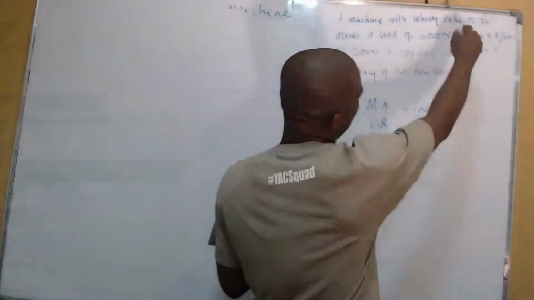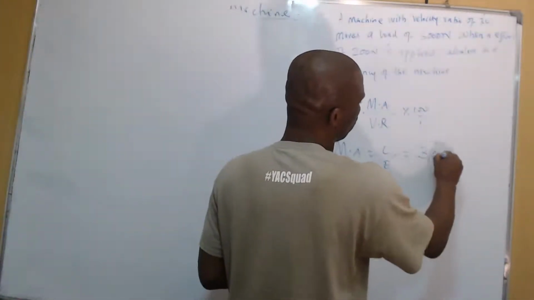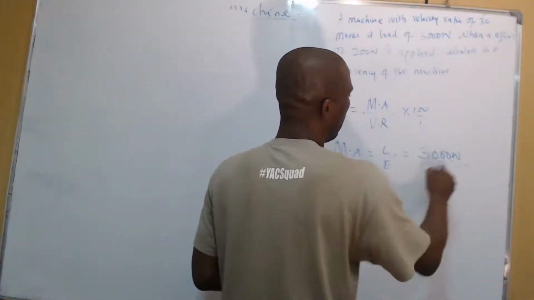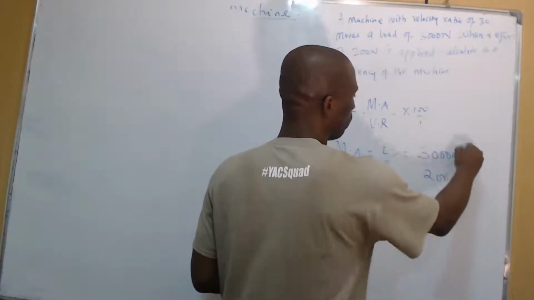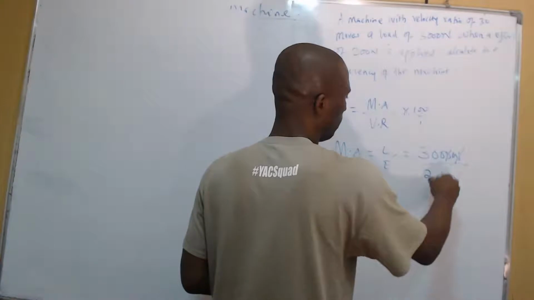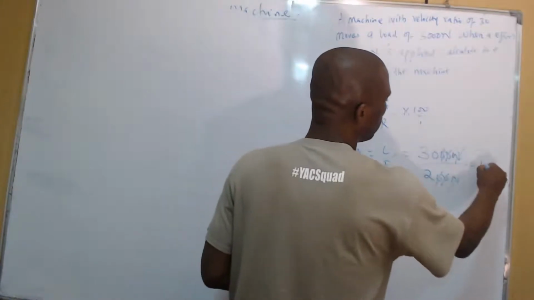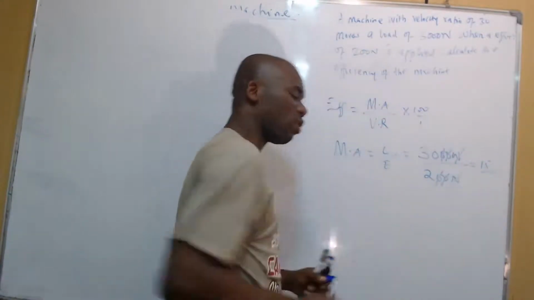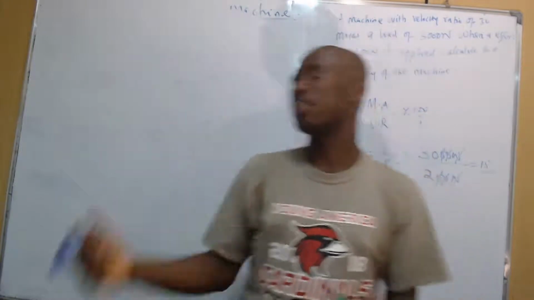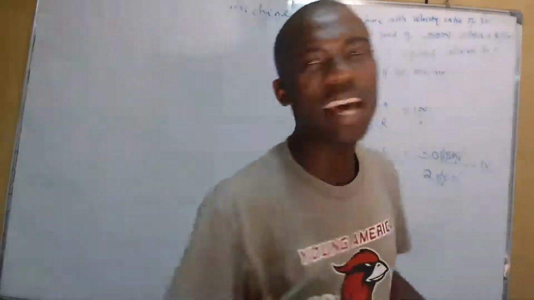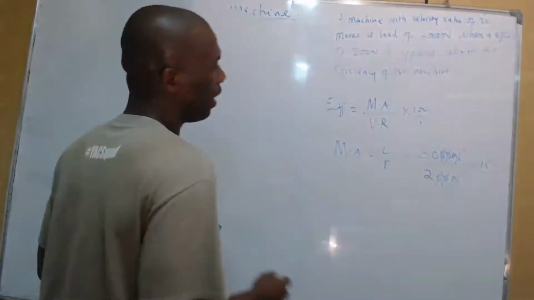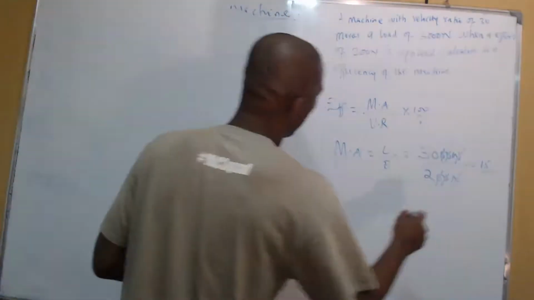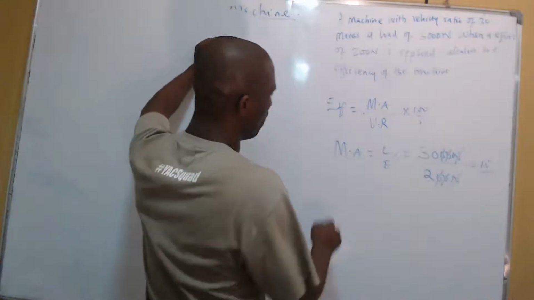So we have that our load was 3,000 Newton and our effort was 200 Newton. Newton will cancel Newton. We are left with 15. Mind you, mechanical advantage and velocity ratio are dimensionless, I mean they don't have units. So we have our mechanical advantage to be 15.